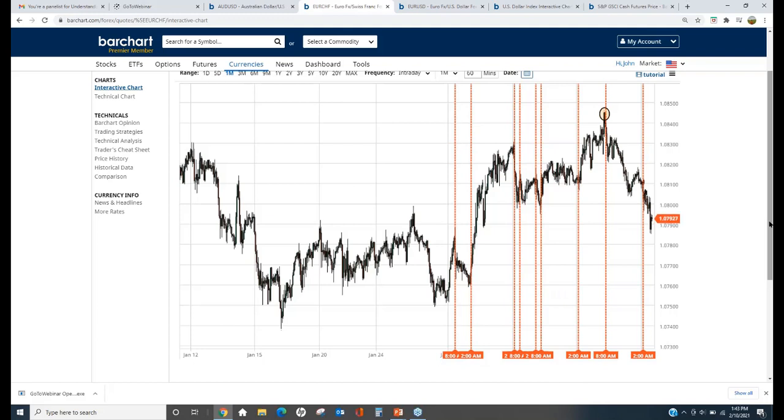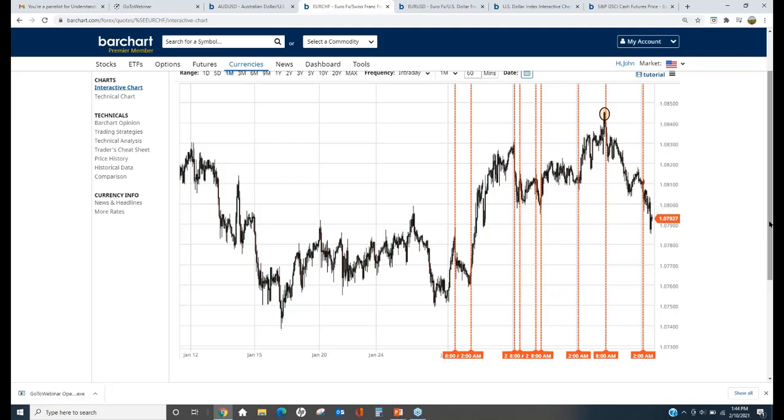And again, look at some of these lines where we see changes in price in terms of tops and bottoms. 8 a.m. U.S. markets and European markets, but look how many of these price actions occur at 2 a.m. So you can use this 3-hour window to help you find better entries and exits, or to help you discern when you'll see reinforcements to your trends or changes in your trends, okay?